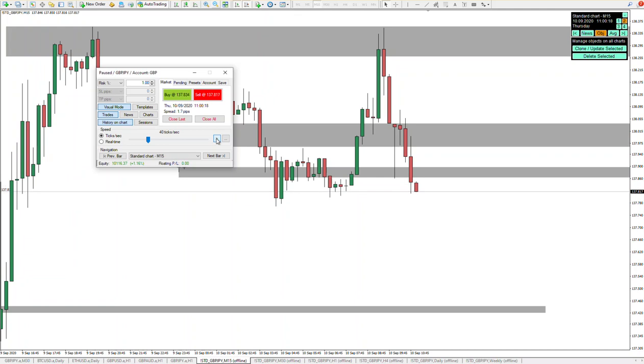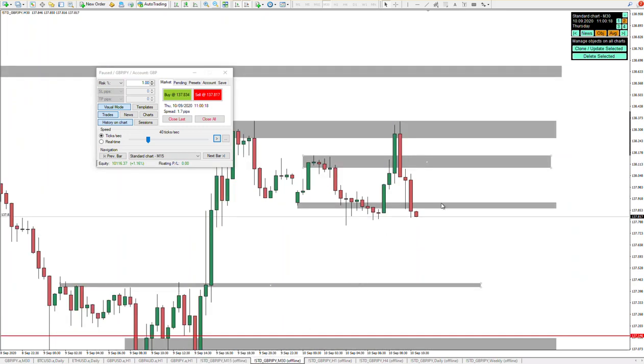Okay. M15 closed strong bearish above support. M30 closed. Let me put it back to the start like that. M30 closed above support.